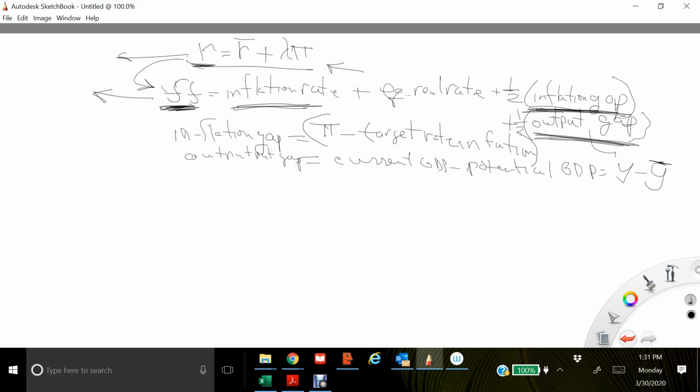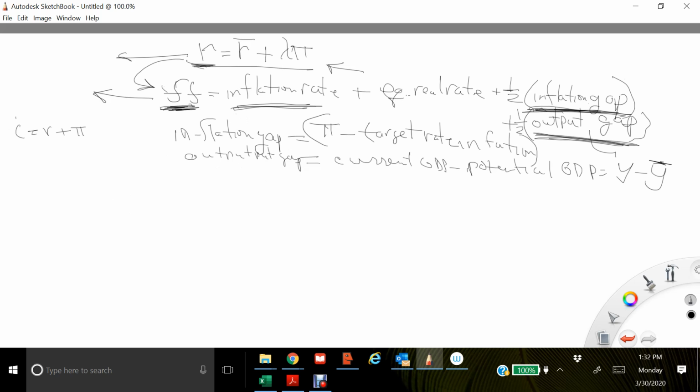Remember the relationship: a nominal rate, say i, equals a real rate plus the rate of inflation, or expected rate of inflation.